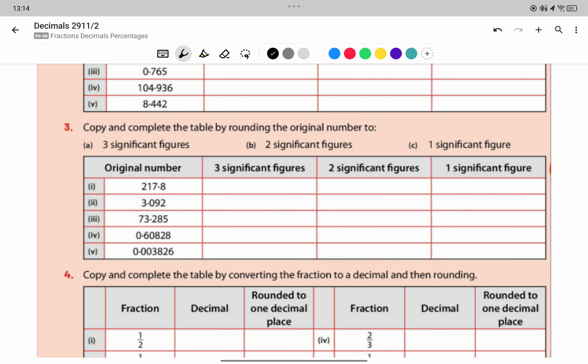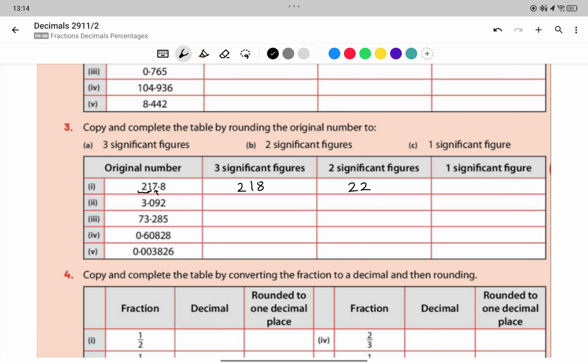Significant figures, so we want to write 3 significant figures. That's our first 3. The 8 is definitely bigger than 5, so that turns to 2, 1, 8. The next one, 2 significant figures. We want to keep the first 2. Is 7 bigger than 5? Yes.